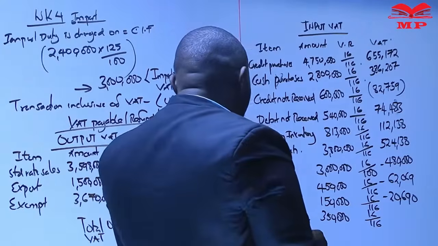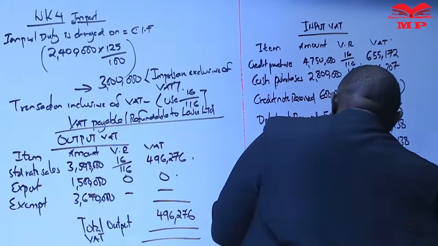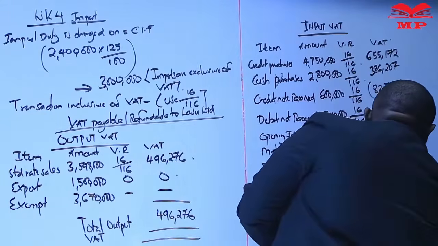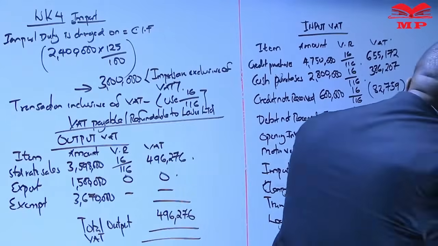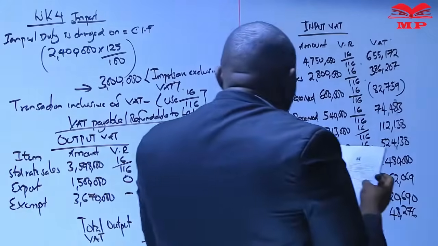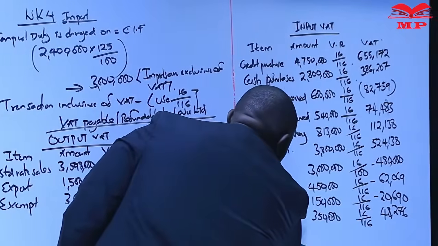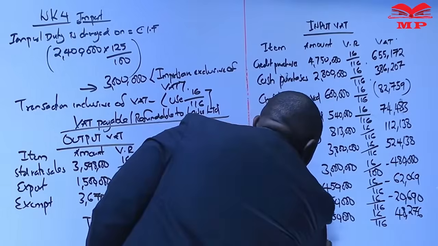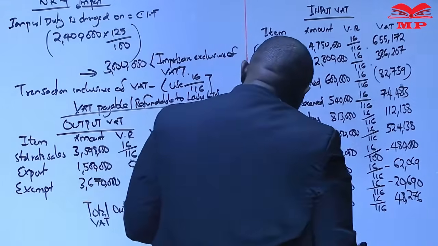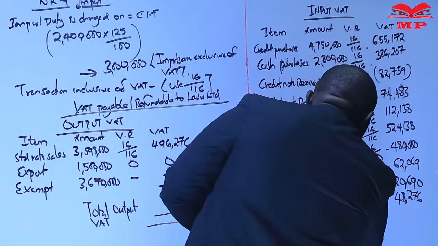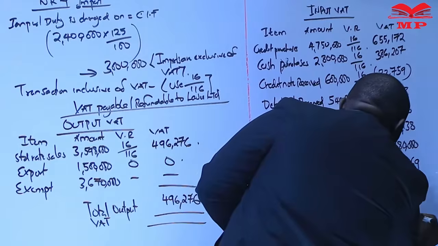So the figure for the legal should be 48,276. Then salaries and wages are exempted. The figure was 133,400, and we know that these are exempted.